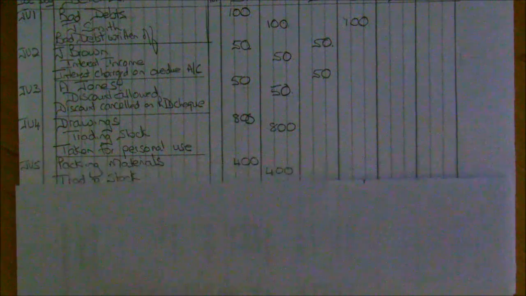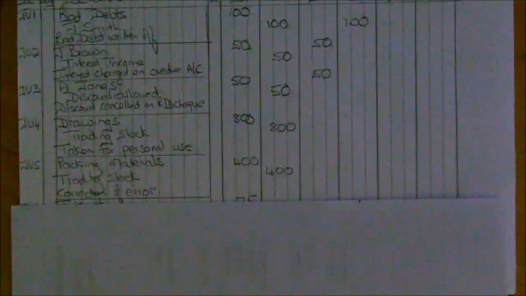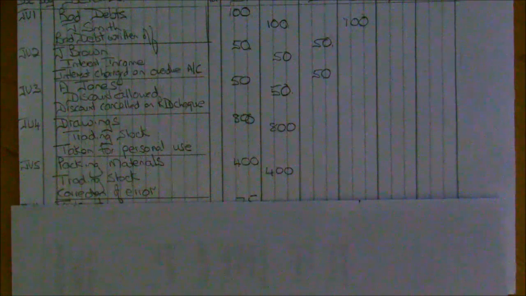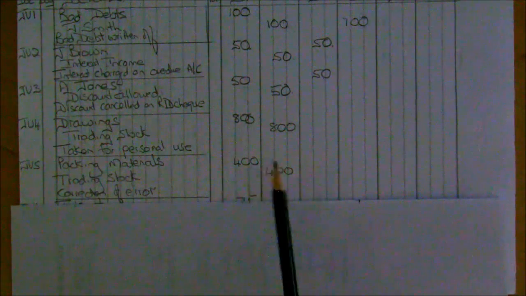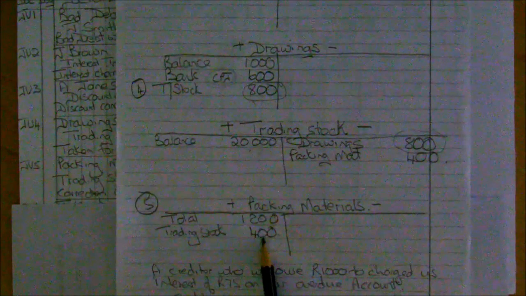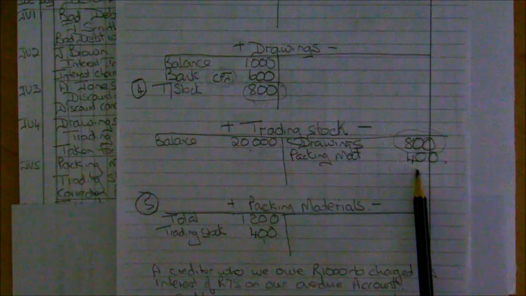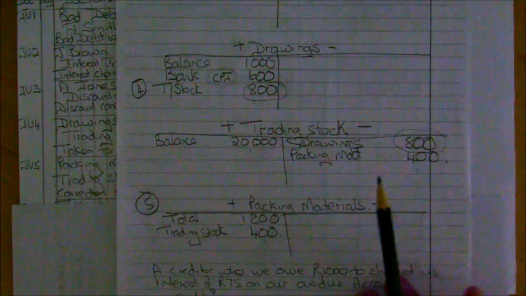And then the error that we had to correct, we had actually bought packing materials. So packing materials being an expense, we debited the 400 Rand. Remember, if you look back here, the 400 Rand we added on to packing materials because that's what we did buy, and we minused it out of the trading stock because that was the error.